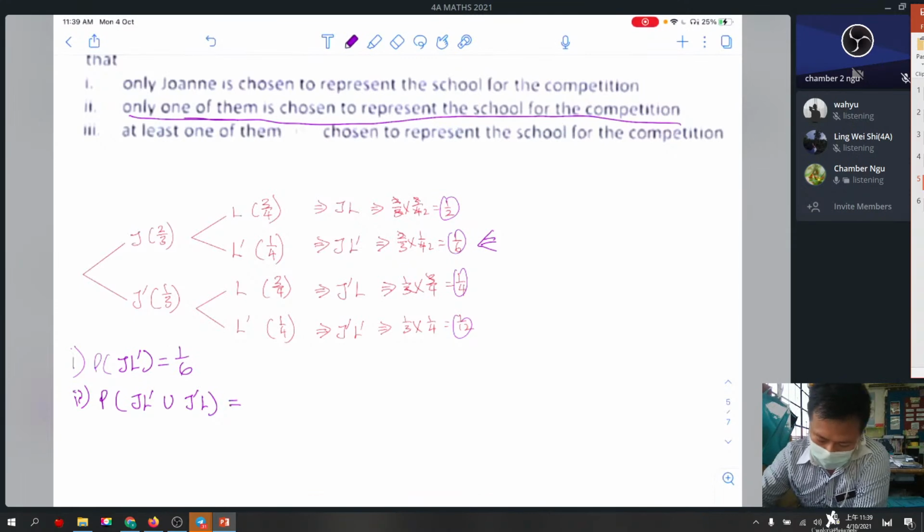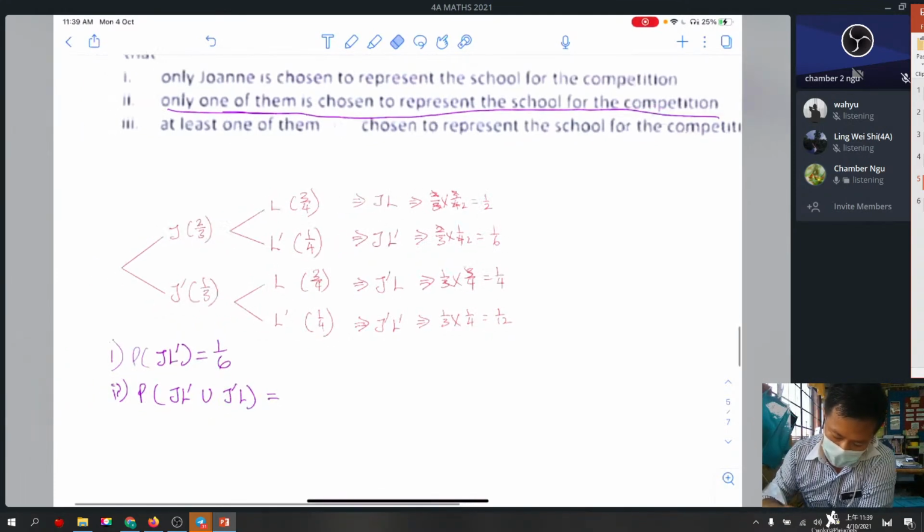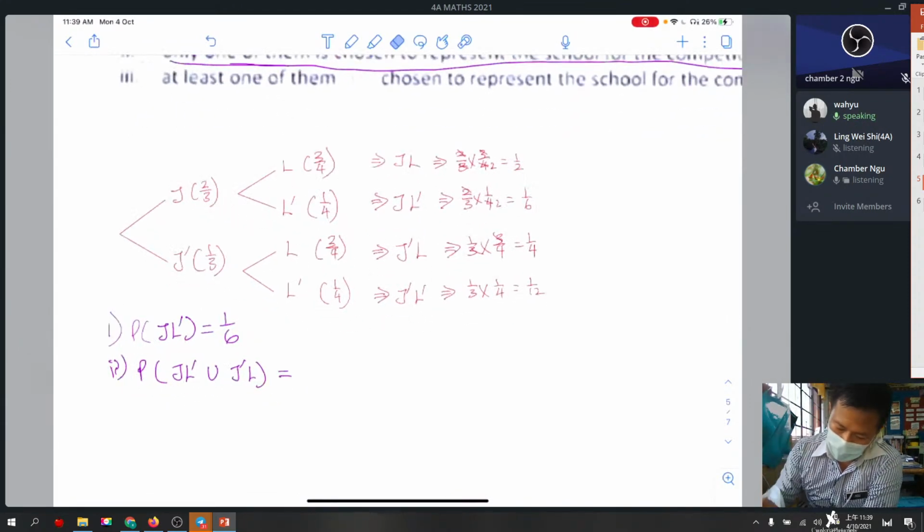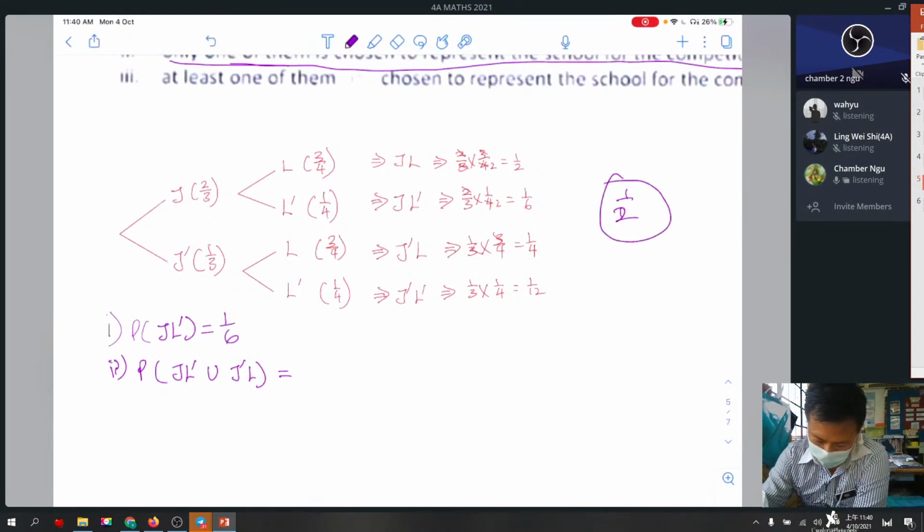So ini sama dengan 1/6. So question B. What is the answer? Question number 2. Only one of them are chose. 1/2. 1/2? Okay. What you say is 1/2. How you get 1/2? Can you tell me?